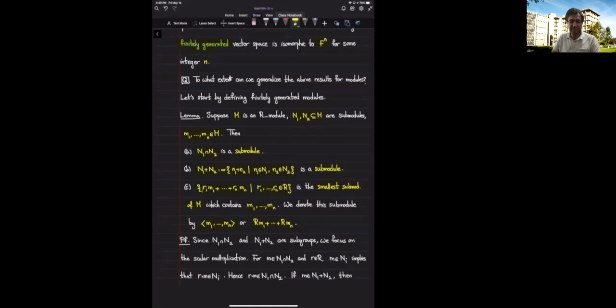I want to say that the intersection and summation, not union, are submodules. A union is actually never a submodule unless one of them is a subset of the other. It's a good exercise, I leave it to you to show that if N1 union N2 is a submodule, then either N1 is a subset of N2 or the other way around.